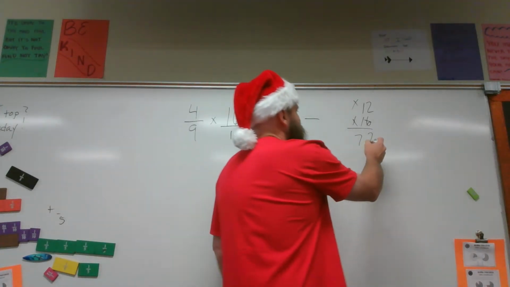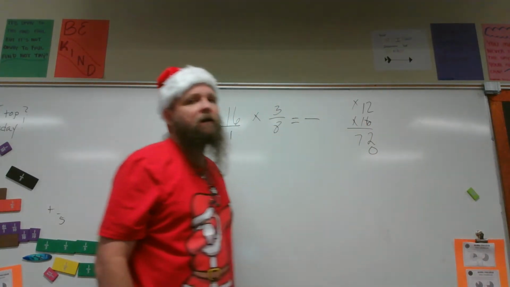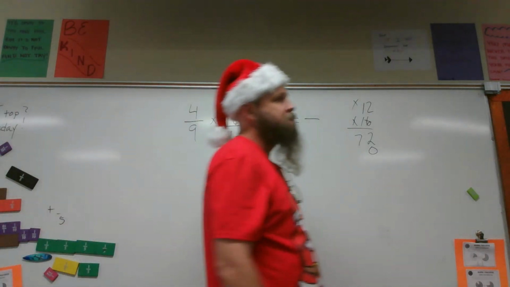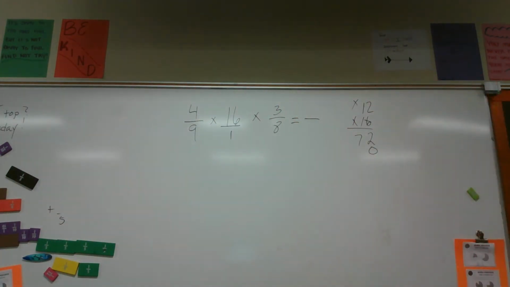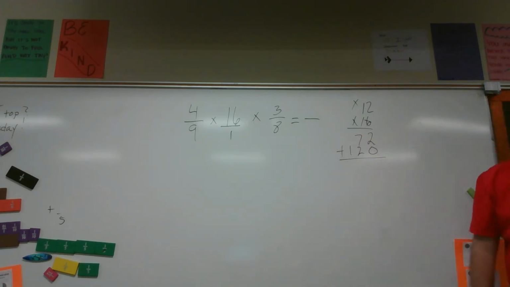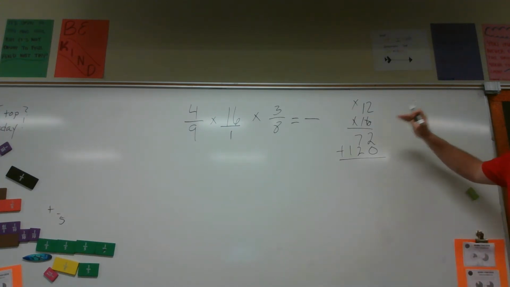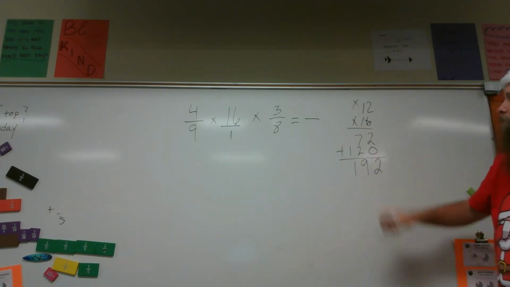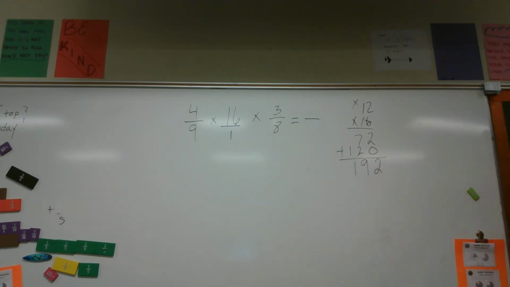Now the 1 is in the tens place, so we're actually multiplying 12 times 10. So 12 times 10 is obviously 120. We add our 2 products together, and we should get 2 in the ones place, 9 in the tens place. So we should get 192 as our new numerator.